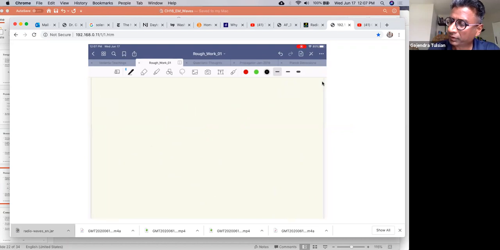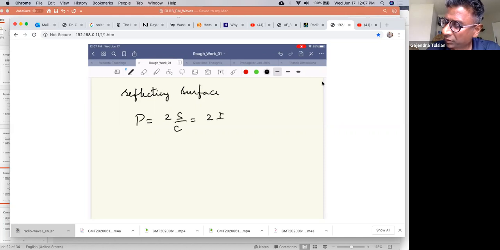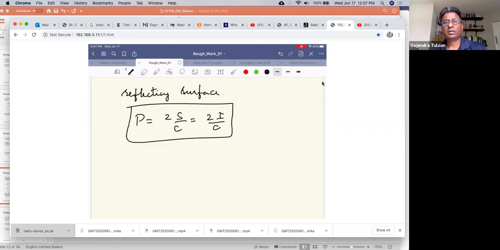For a reflecting surface, the pressure is twice the Poynting vector divided by C, or twice intensity over C. So a beam of light can exert a pressure on a surface, and the pressure depends on the property of the surface. If it's an absorbing surface, the pressure is half that of a reflecting surface.